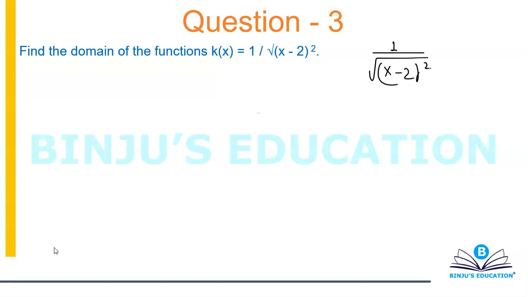Now in this case, you have to take care of two things. First is the function root, and second is you have something in the form of 1 over f(x). You have to take care of both the things. Okay, let's start with the root part first.